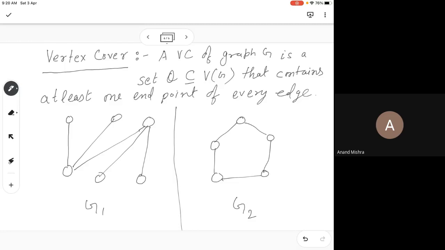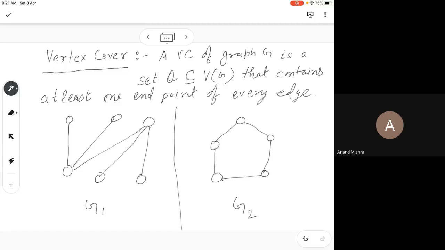So for G1, what will be the vertex cover? The vertex cover is a subset of vertices that contains at least one endpoint of every edge. So obviously, the most trivial way is to include all the vertices, right? So the vertex cover can be all the vertices, but obviously that's not what we are interested in. What we are interested in is finding the minimum number of vertices which can cover all the edges.